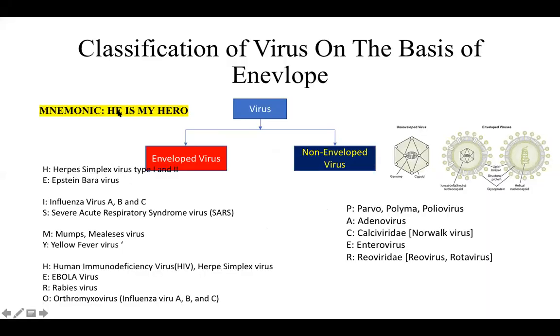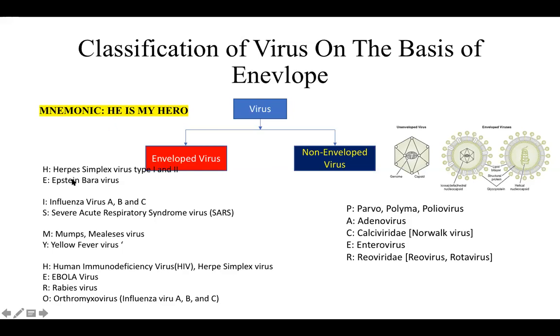Here, the initial letter of he is my hero, that is H. H indicates the herpes simplex virus type 1 and type 2, type 3, type 4, any types of herpes virus. All they are enveloped viruses.